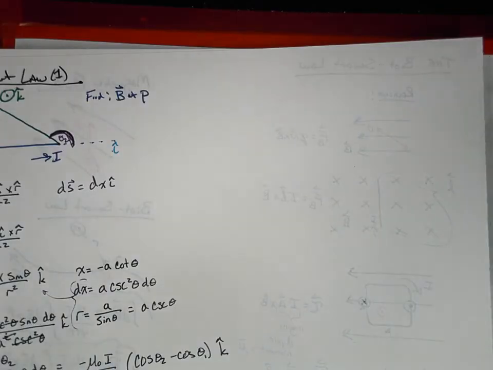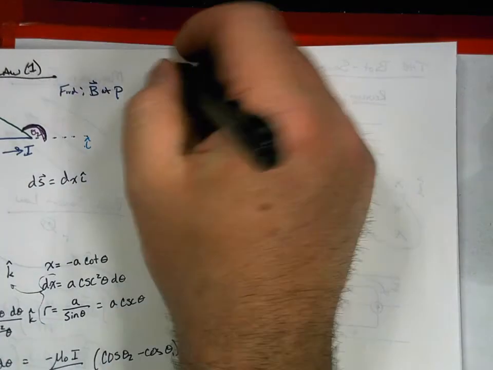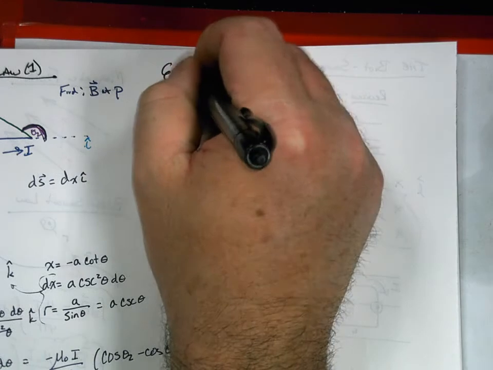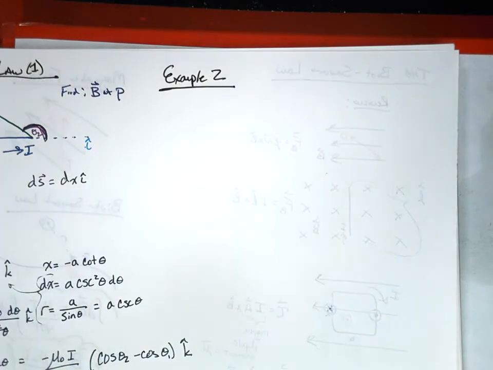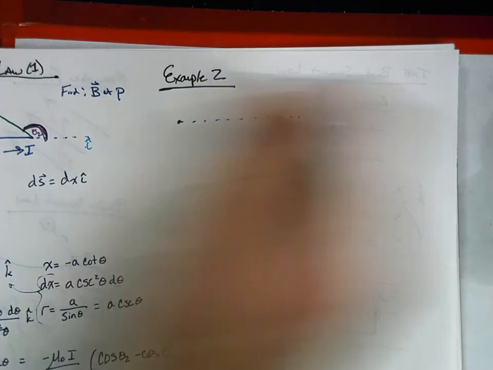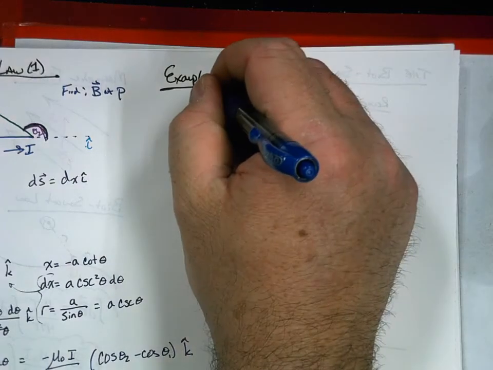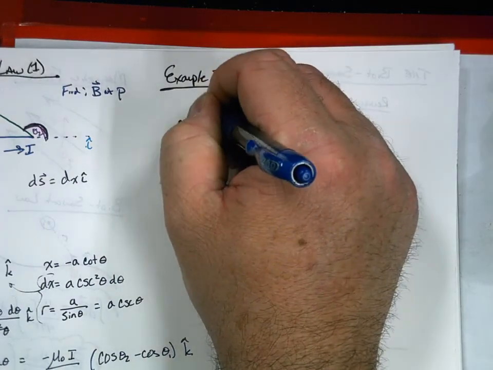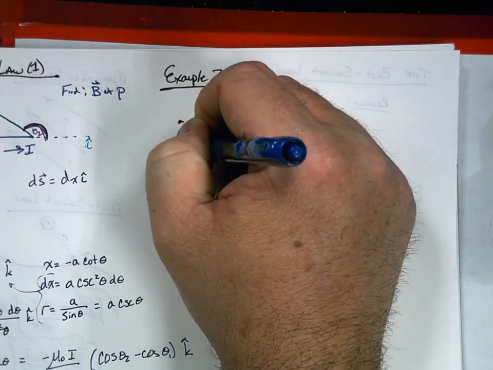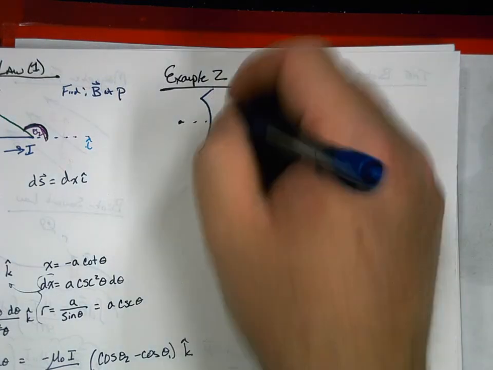Now that's going to take us to our second example here, which is actually really short. So, example 2. We have a point, we have a current, and I is coming this direction.